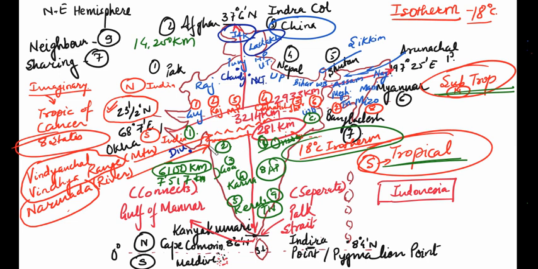Then here Daman. Then Dadra Nagar Haveli. Then here there is Lakshadweep. This is Andaman and Nicobar. Here there is Puducherry.